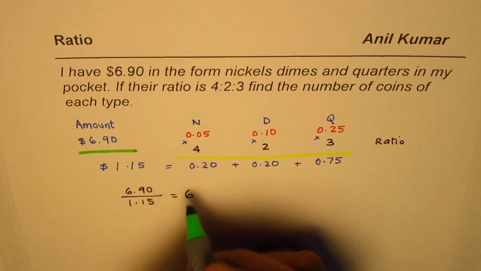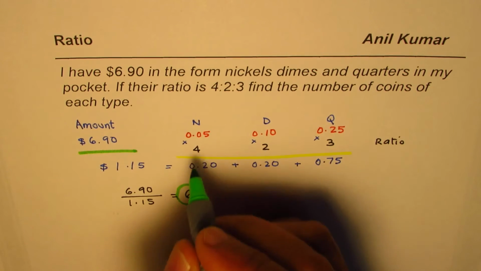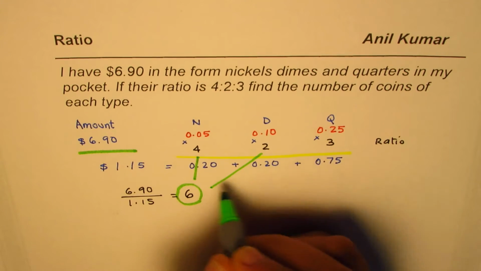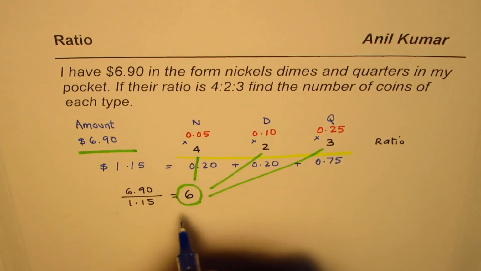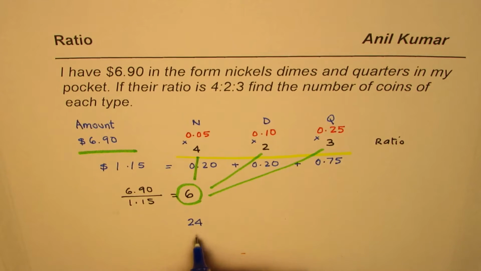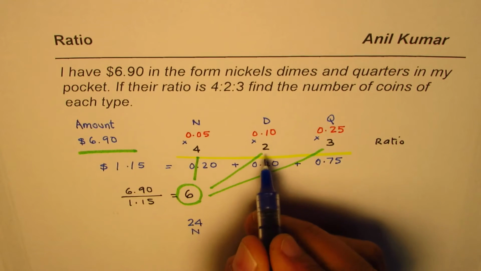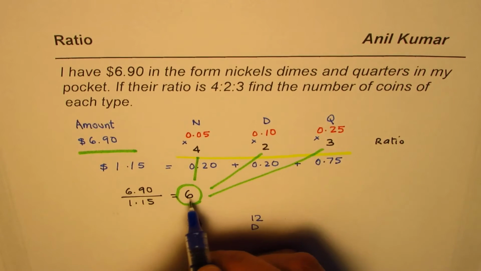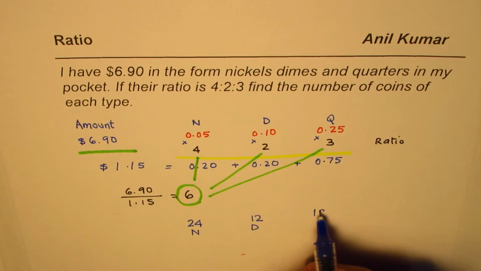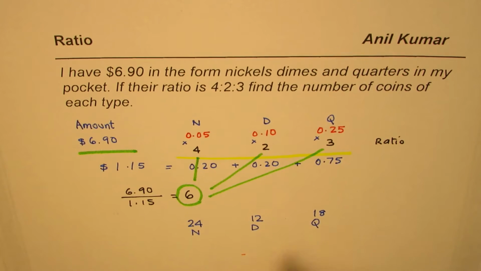So we have to multiply by this number 6 all these given numbers to get the actual number of coins, correct? So 6 times 4 is 24, so we get 24 nickels. 6 times 2 is 12, so we get 12 dimes. And 6 times 3 is 18 quarters, correct?